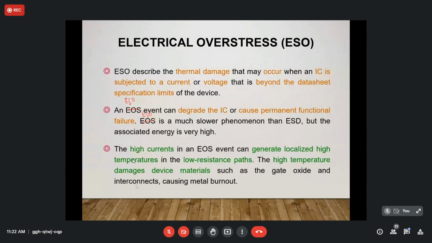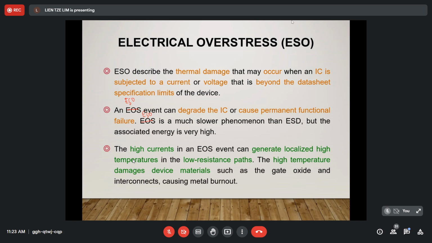Okay, so you see that EOS is about electrical overstress. We could relate it to the wire. The size of the wire can affect the amount of current that can flow through. If the current is high, then we need to make sure that the wire, in the layout design, which we call layers, has a size that meets the requirement to sustain high current.